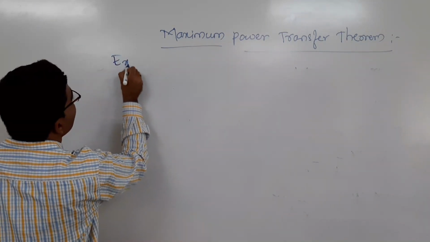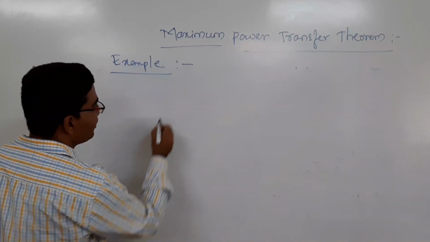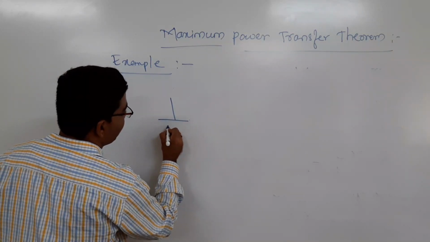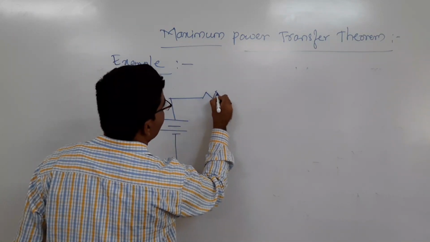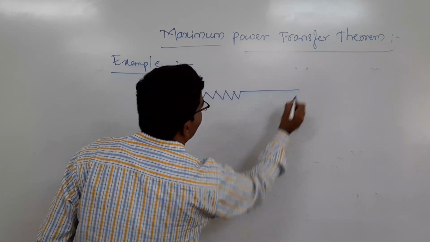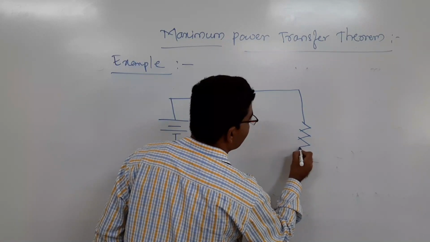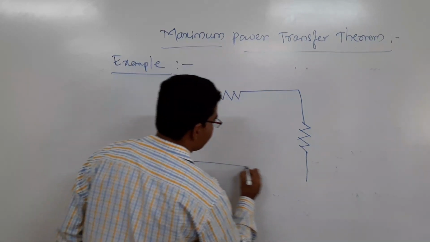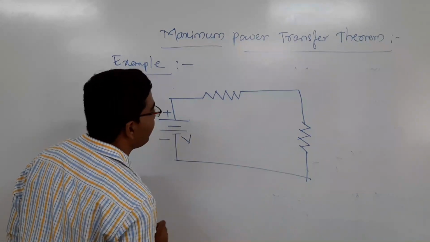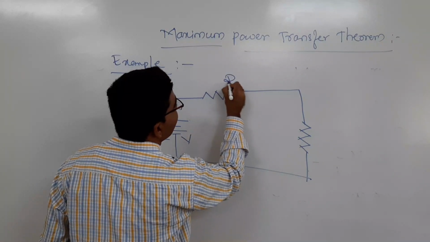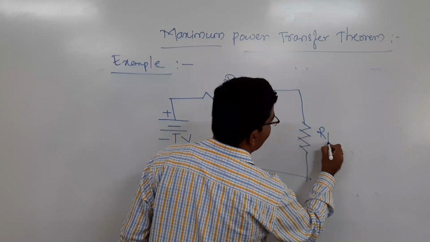For example, I have a circuit here which has an EMF source, that is voltage V, and a resistance R, which is connected to the load resistance RL. So this is the voltage V, this is the resistance R, and this is the load resistance RL.